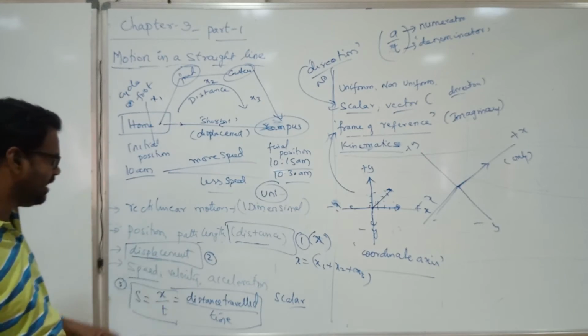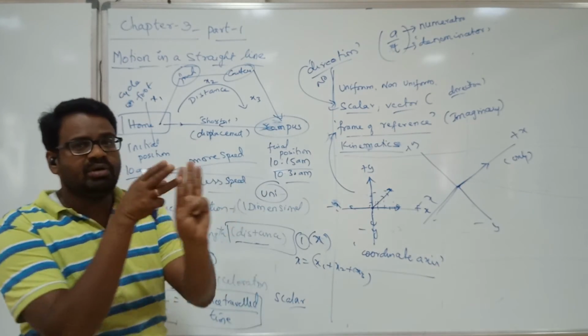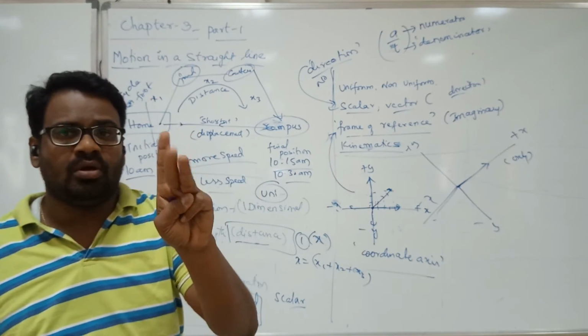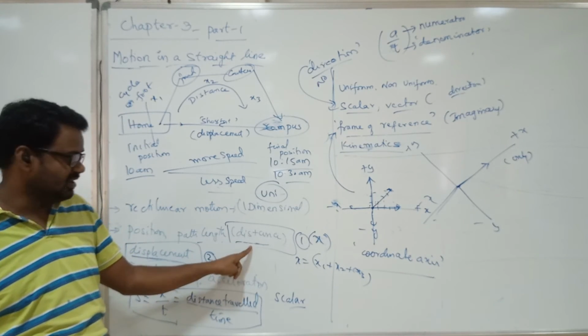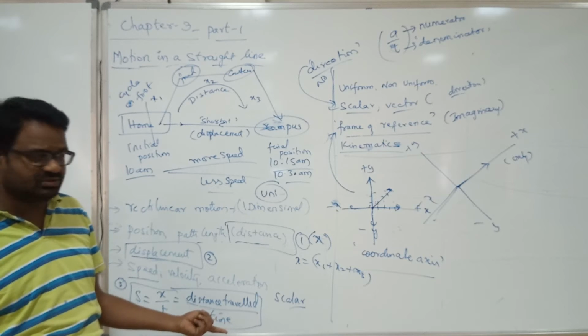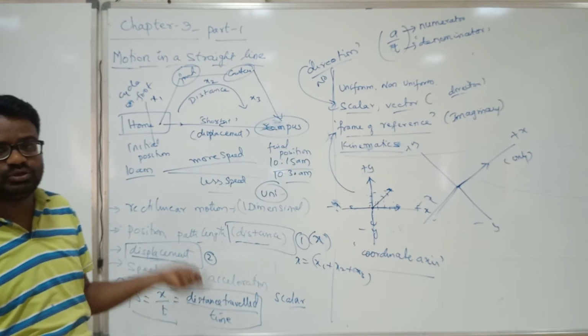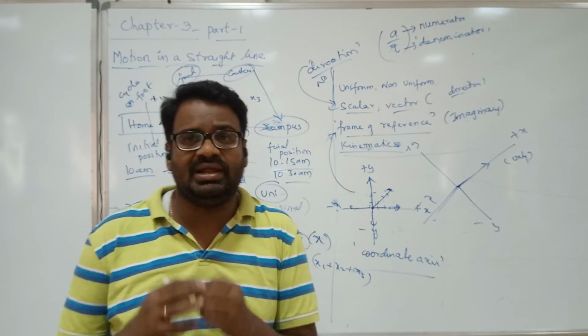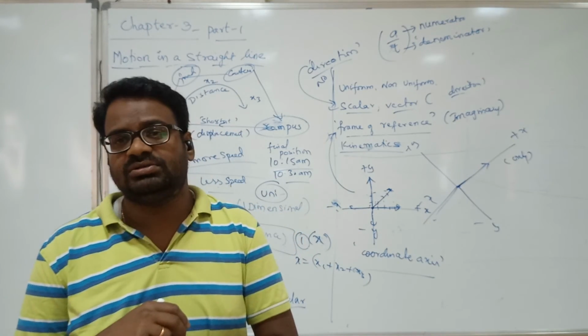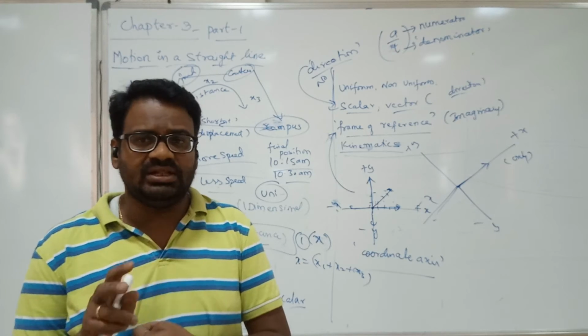Now remember this thing. With respect to any physical parameter, minimum you should know three things. One is the definition of that word. Second is the units in which it is expressed. Hopefully you understood the importance of units. No physical quantity can be left alone without units.